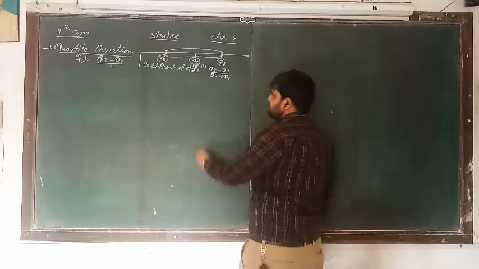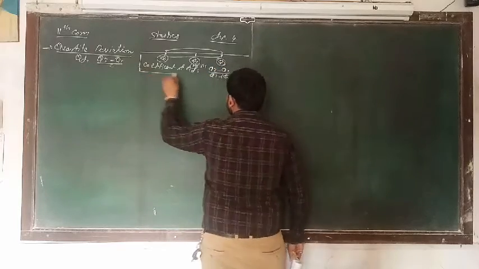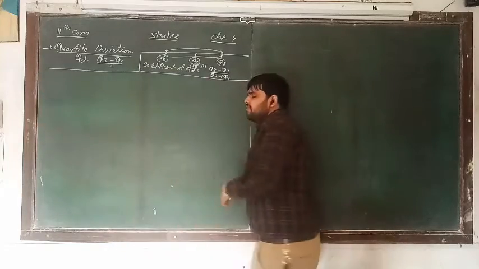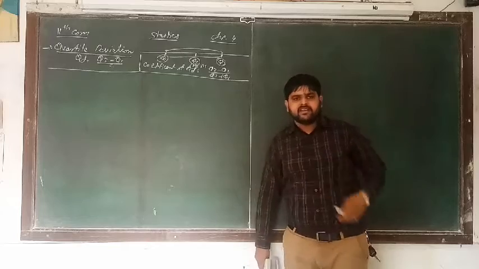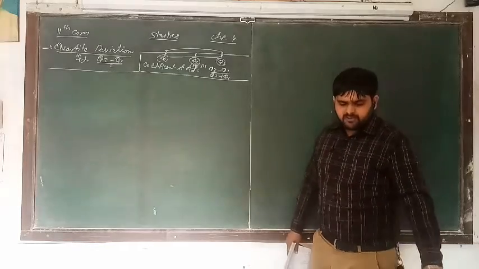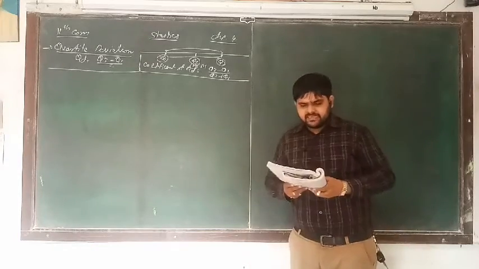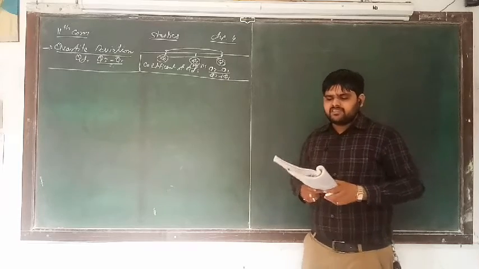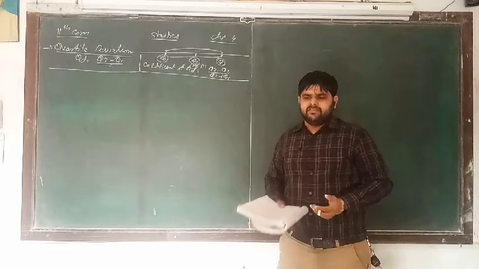It is the same as range. In the numerator we do minus, in the denominator we do plus, and whatever answer we get is called the coefficient of quartile deviation.